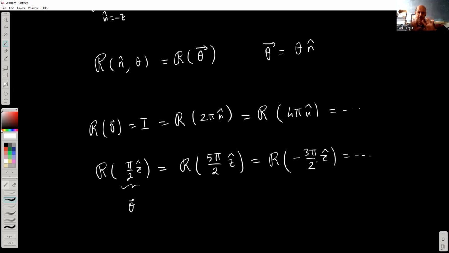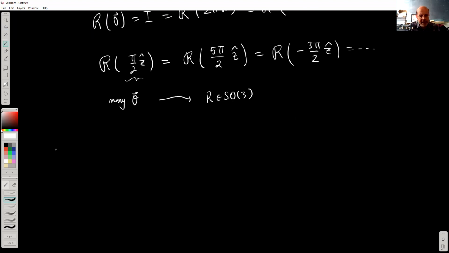SO3 is actually a complicated manifold, and its structure is somehow contained in these kinds of relations in here. So we associate many vectors in 3-dimensional space to a single element in SO3. Let's keep this in mind. The origin is associated with the identity rotation, so that's nice. And we can kind of see that SO3 is actually connected in here.